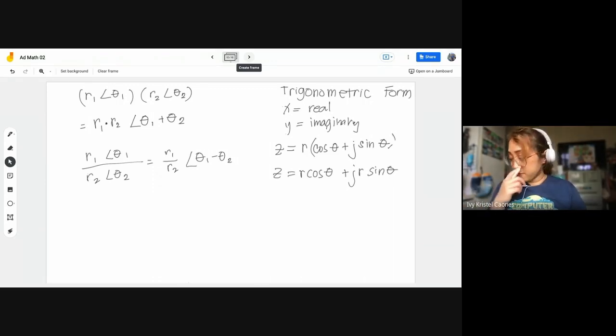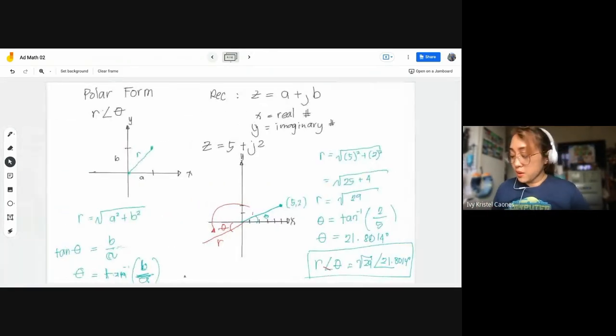So if we have this example, we have r as square root of 29 and theta of 21.8014.